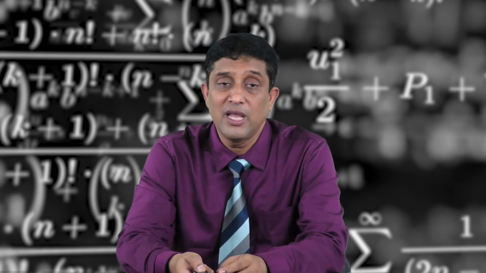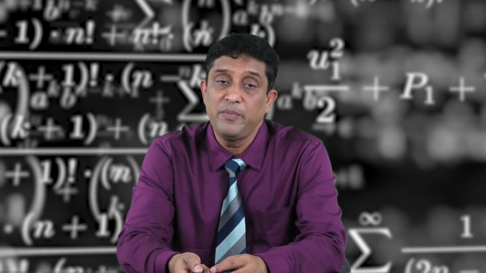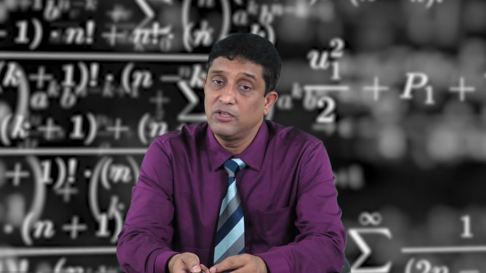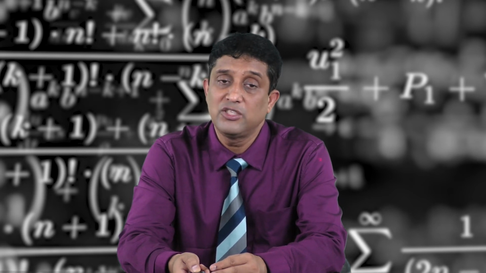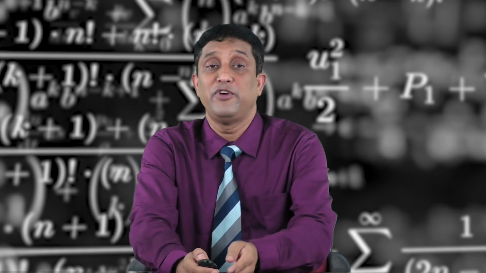And the third quartile is called Q3. So Q3 is a point below which 75% of the cases lie and above which 25% of the cases lie. So that's why Q3 is the 75th percentile. So you should compare quartile with percentile.